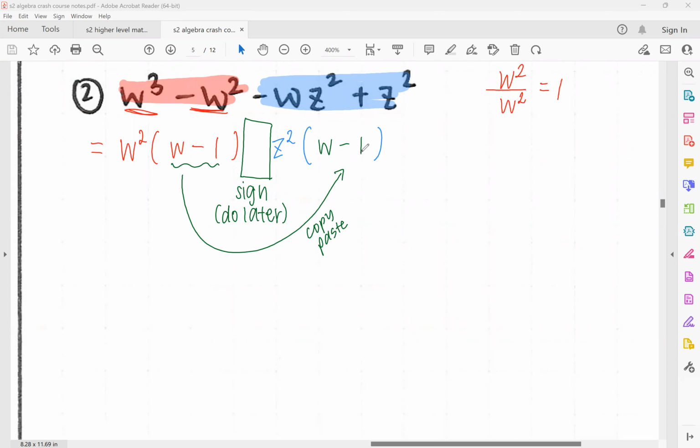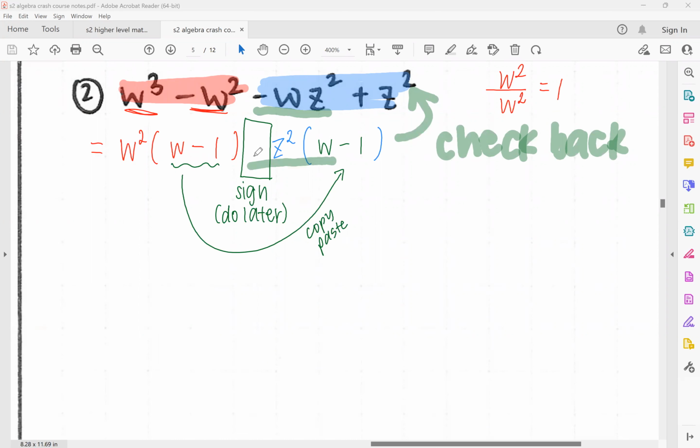Then remember just now, what other technique I teach you after we copy paste? I told you how to do a very good check back. So let's do a check back together. I want a minus WZ square, correct? So if I want a minus WZ square, means what sign should it be here?